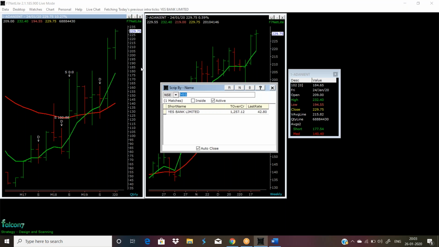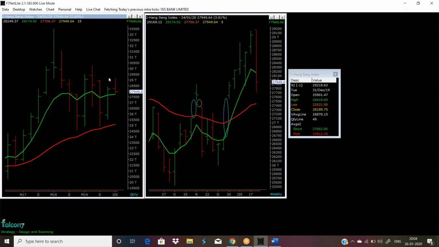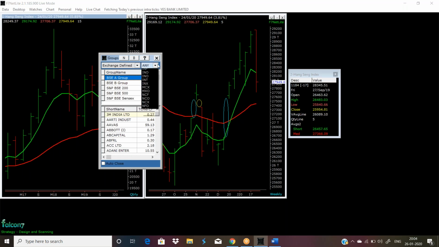If you check the international market Dow Jones, here the price is rising, and here also the price is rising. Currently it is not showing a fall expected, so it can continue for one quarter. Whenever you find the price is about to rise or fall, you have to check its lower time frame chart.